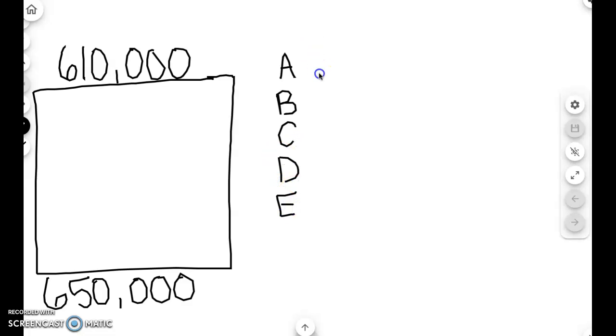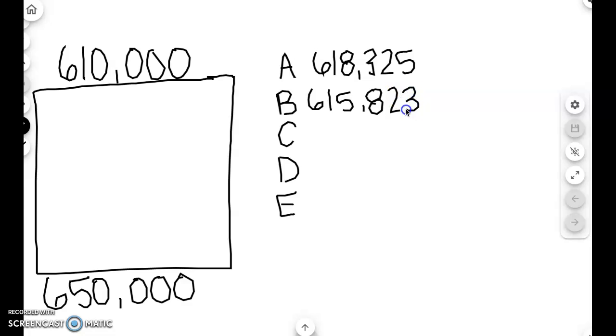So A was 618,325. B is 615,823. C is 815,623.